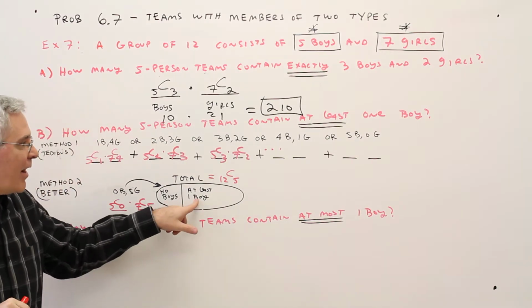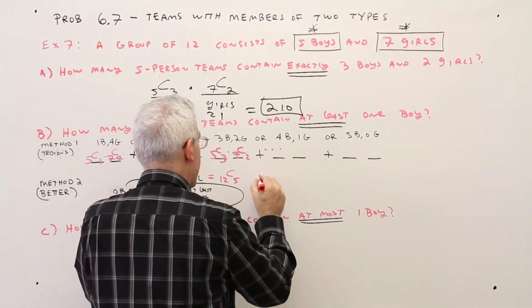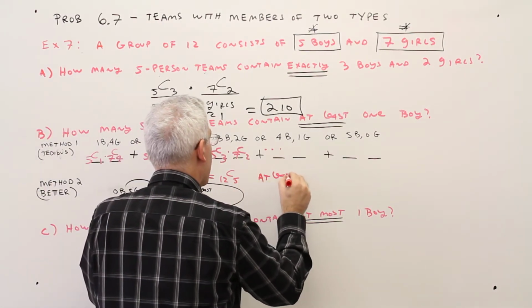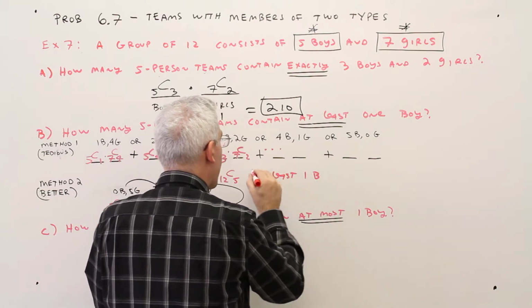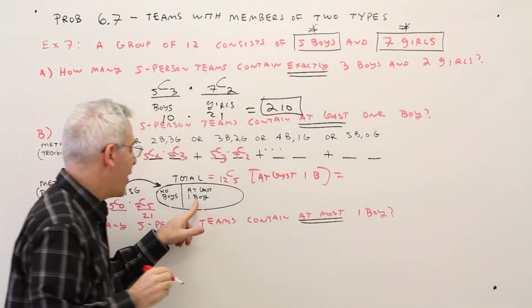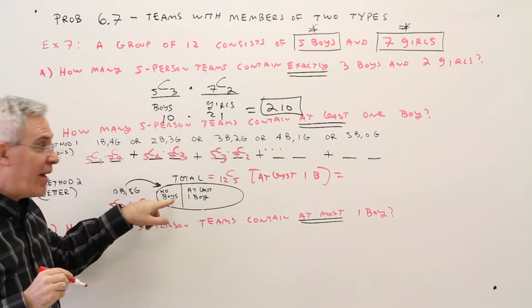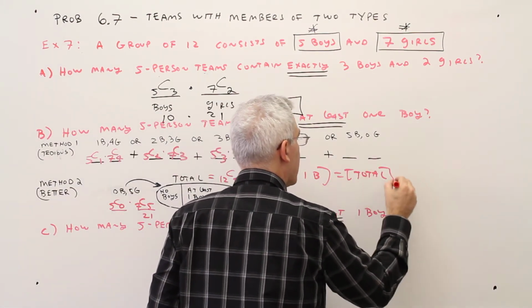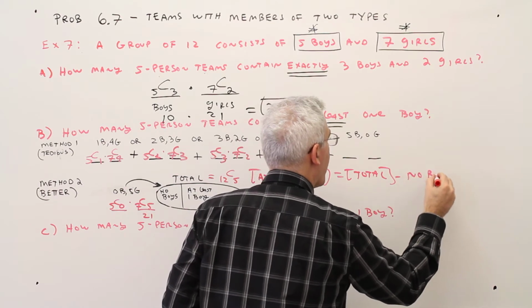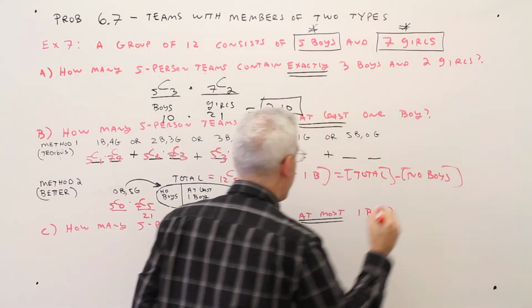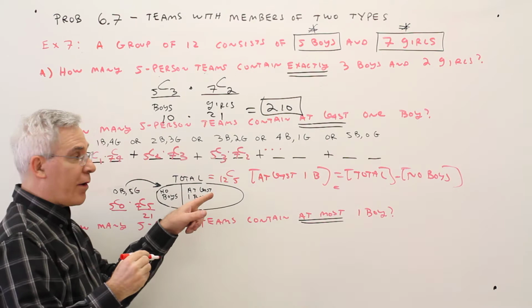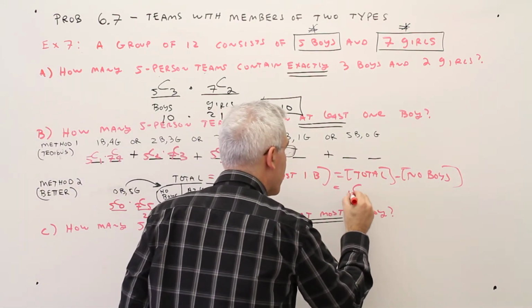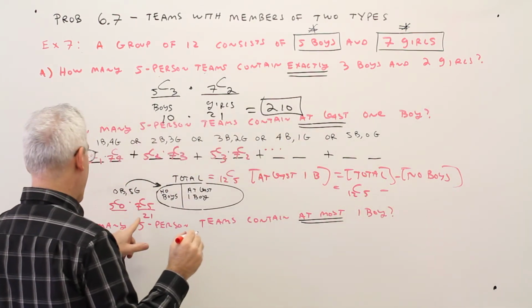All right, and then at least 1 boy, once again, will be total minus no boys. The total was 12 choose 5, and the no boys was this.